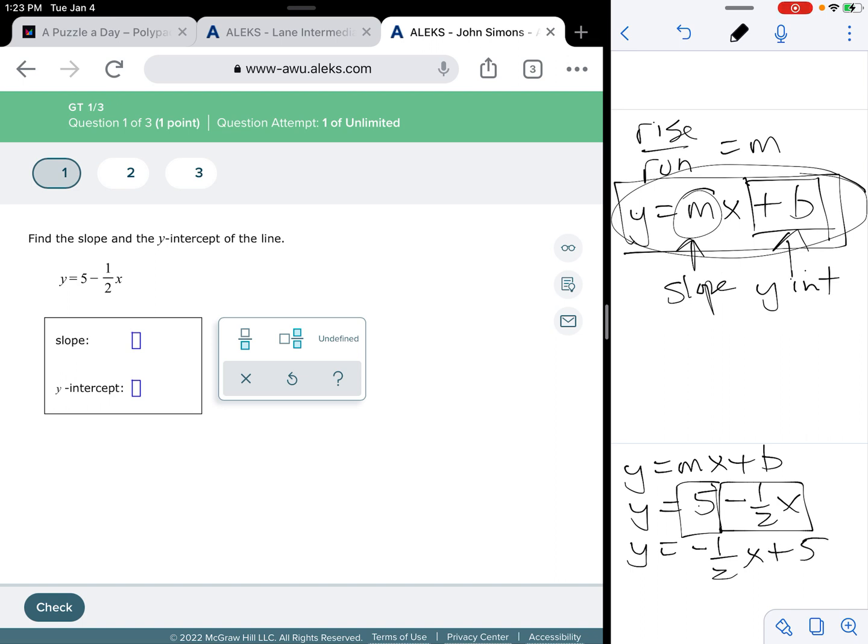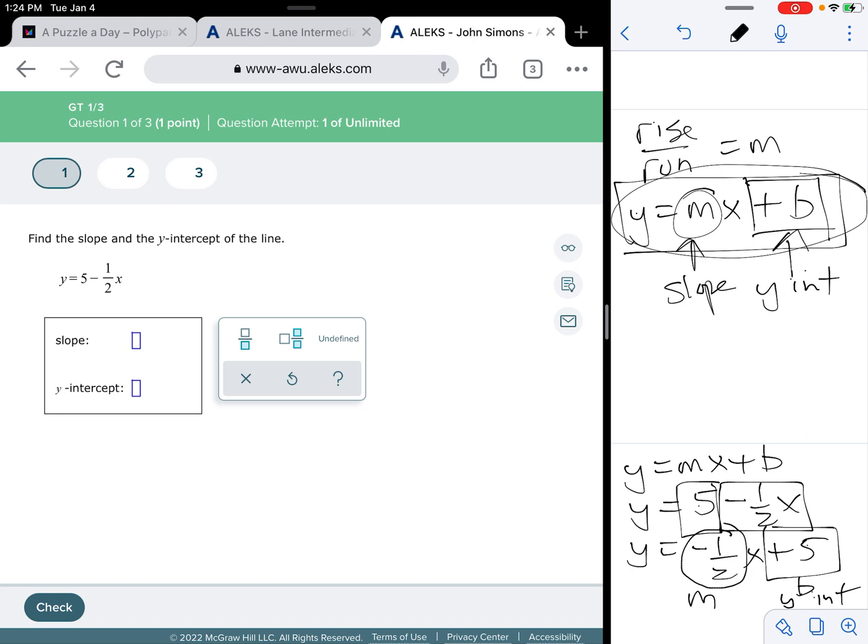Now I can look at this and say, this must be my m, and this is my b, my y-intercept.